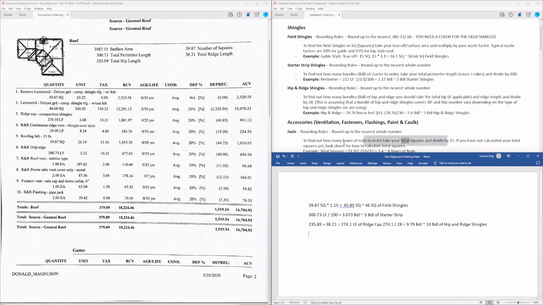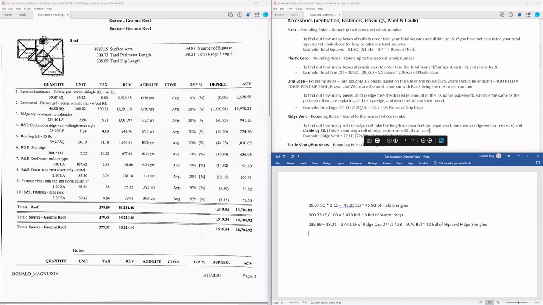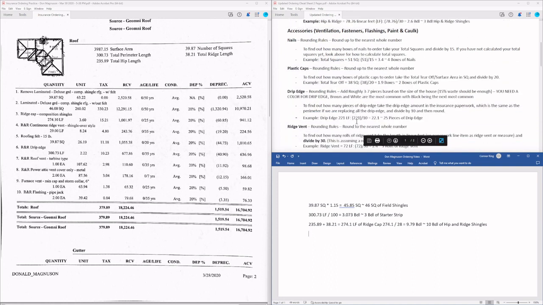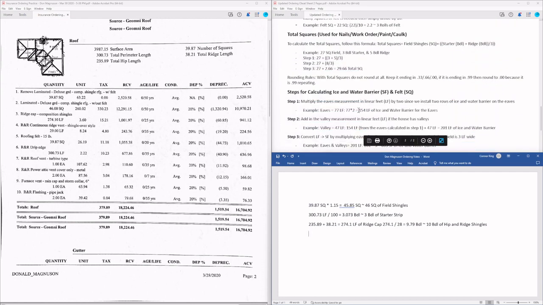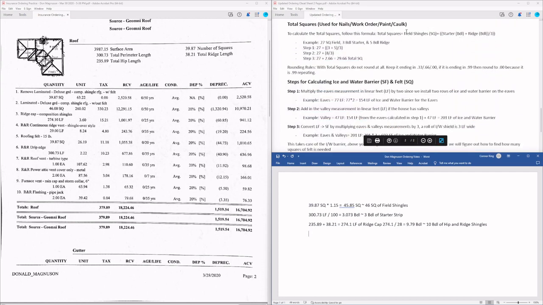After this, we're going to go to nails next. Now, before we go to nails, we need to find out the total squares. That's something that we use for several different items. You can follow these steps to find out how many total squares there are on this project. To calculate the total squares, follow this formula.